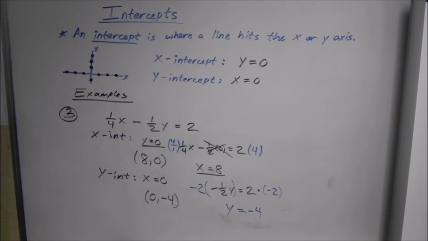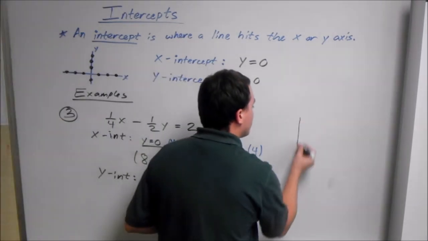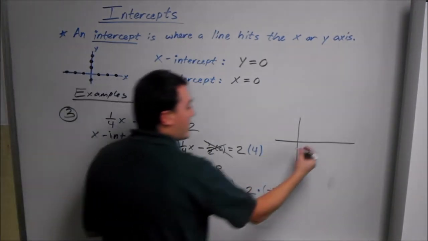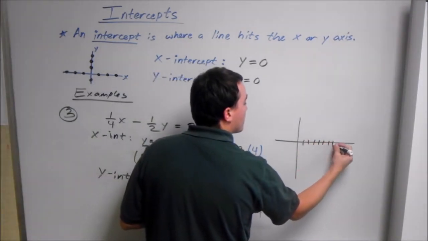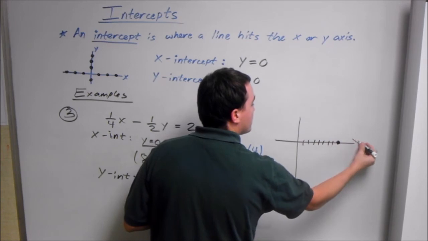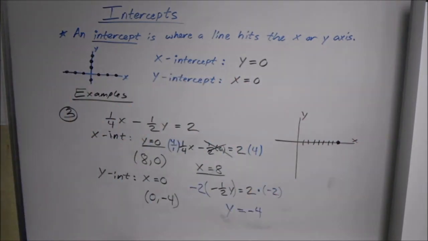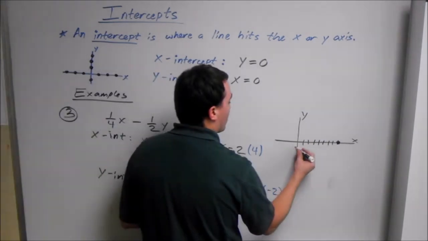And we could graph it. We have 8, 0, so over 8, up 0, and 0, negative 4, so over 0, down 4.